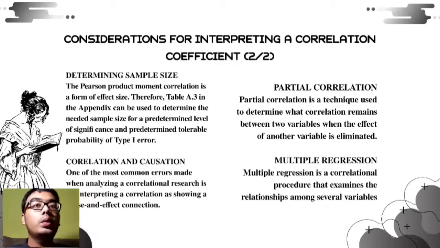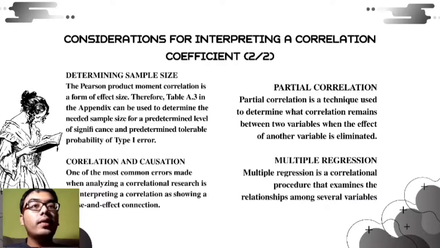Then we move to correlation and causation. One of the most common errors made when analyzing correlational research is misinterpreting a correlation as showing a cause and effect connection.